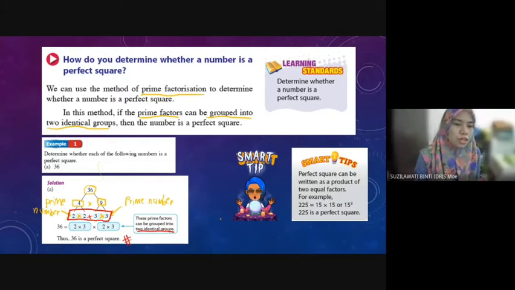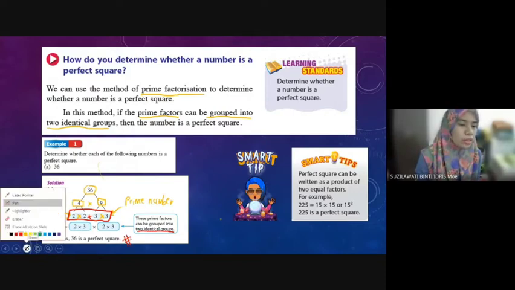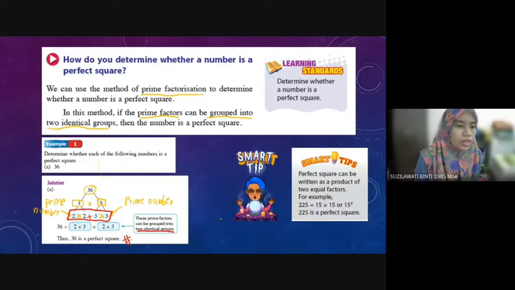If you don't believe me, let's look at another way to solve this one. It's not another way, but another number actually. Let's look at 36, the given number in the question, and use the factor tree.